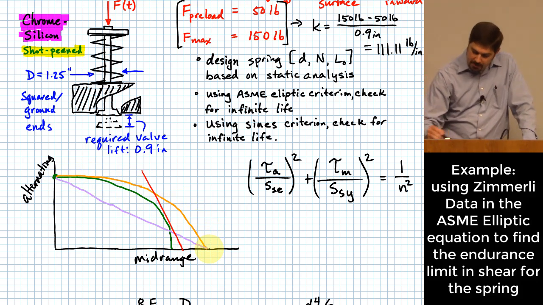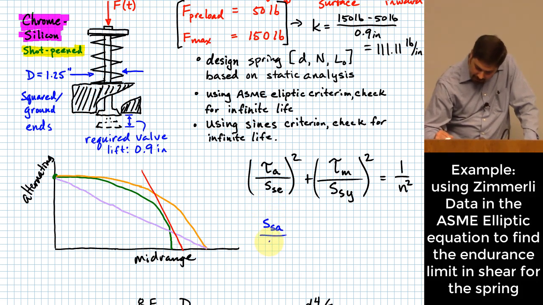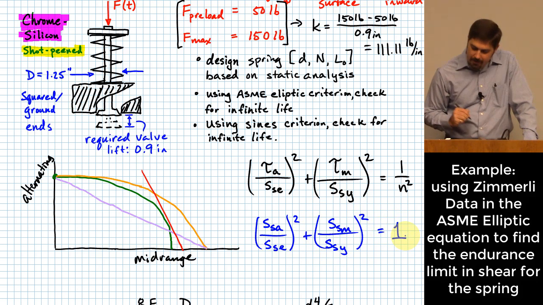Okay? So what I'm saying is we basically plug in Zimmerli data into here, and we basically say S sub SA over S sub SE squared plus S sub SM over S sub SY squared is equal to 1.